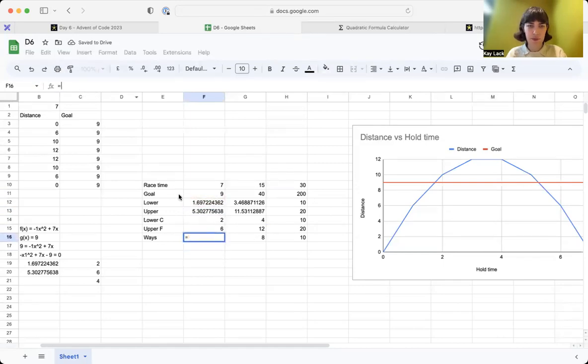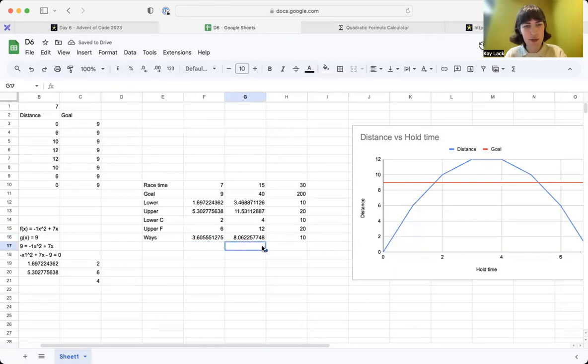Flip it around. This is not a great problem-solving process at all. Is this good? Am I winning? Am I winning? No.